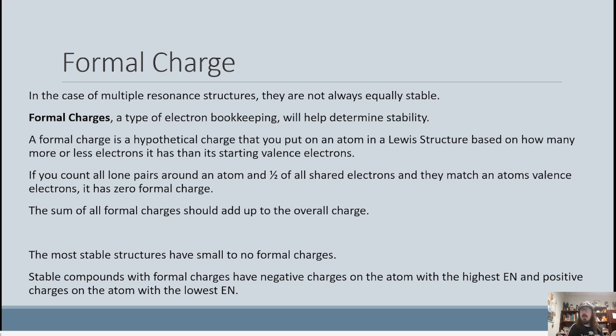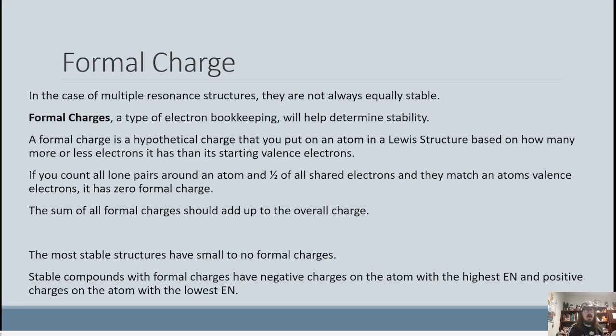Formal charge is just a type of electronic bookkeeping. We're going to take into account the electrons that should be there versus the electrons that are there. So a formal charge is the hypothetical charge you put on an atom in a Lewis structure based on the absence or presence of electrons compared to the starting valence electrons. So each atom has so many valence electrons.